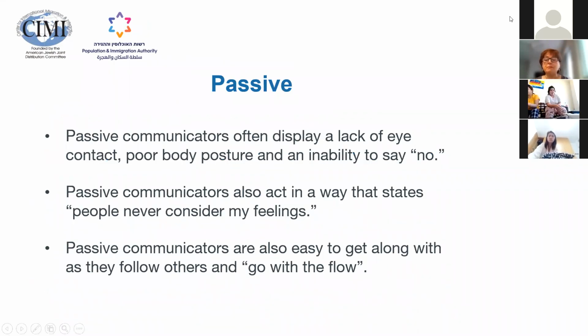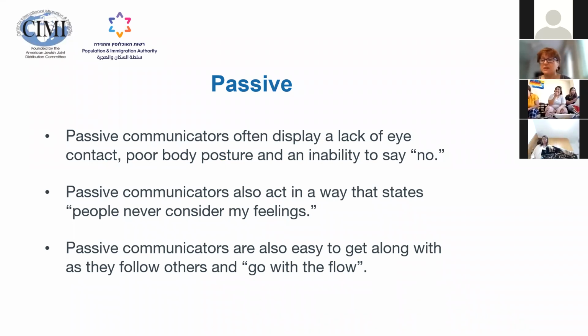First, we'll talk about the passive style of communication. Passive communicators often display a lack of eye contact, poor body posture, and an inability to say no. Passive communicators also act in a way that states people never consider my feelings. And passive communicators are also easy to get along with as they follow orders and go with the flow.